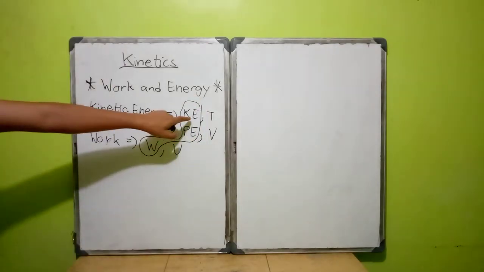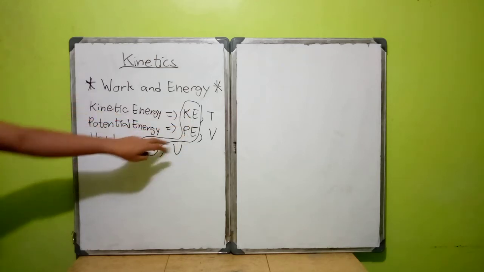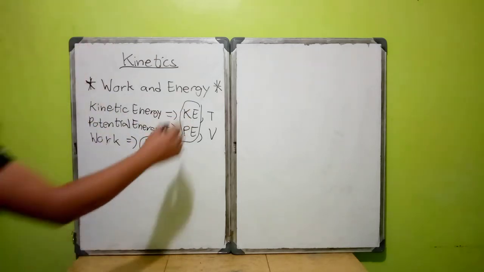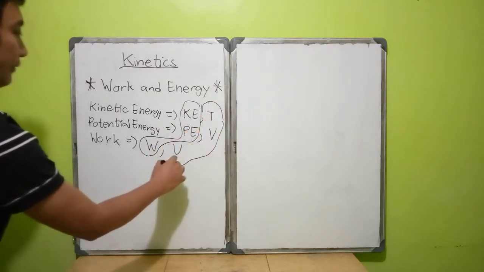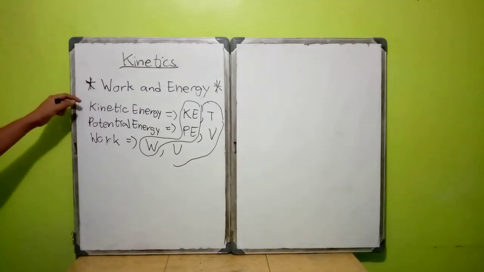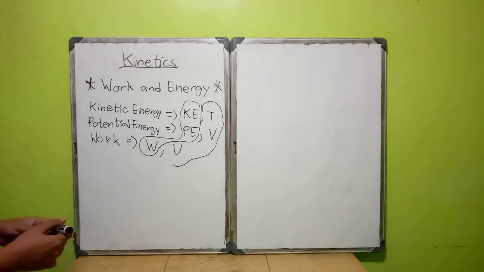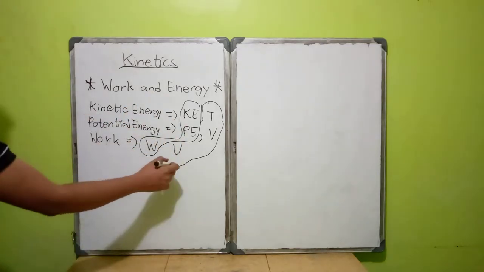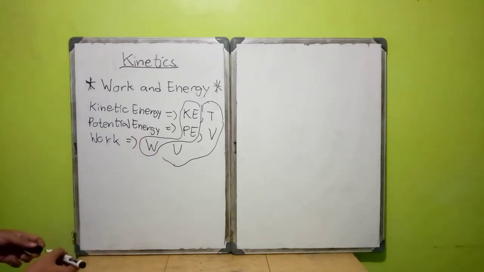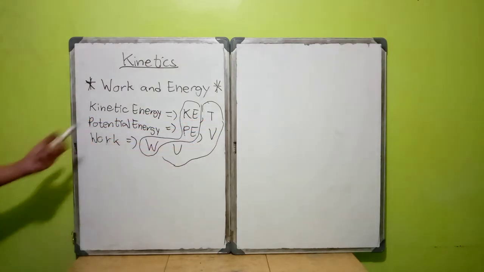If you use the denotations KE, PE, and W, use them in unison, not mixed with the denotations T, V, and U. So kinetic energy, potential energy, and work can be denoted as KE, PE, and W, or if you are in the book of R.C. Hibbeler and other references, we use T, V, and U respectively.